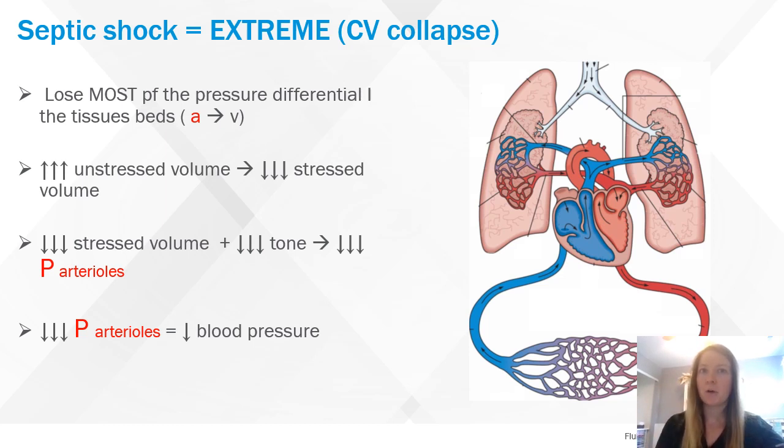Now, when you lose most of that pressure differential because of a bigger increase in your unstressed volume, which causes more of a decrease in your stressed volume, you have a much bigger drop in that pressure gradient. And that manifests itself in septic shock as a decrease in your blood pressure. So this is a key point. What happens at the cellular level is affecting what's happening to the body on a macro and a microcirculatory level.